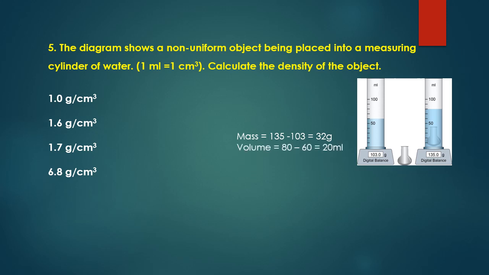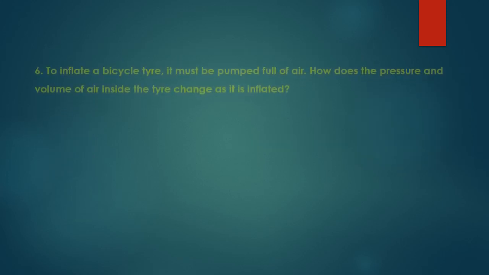Then I can find the volume of the object, because that increase in the height of the water was due to the object added into it. So that extra that came there was the volume of the object. Now you have the mass and the volume, so it is easy to find the density, and you will get the final answer as 1.6 grams per centimeter cubed. All clear? So we are moving on to question 6.